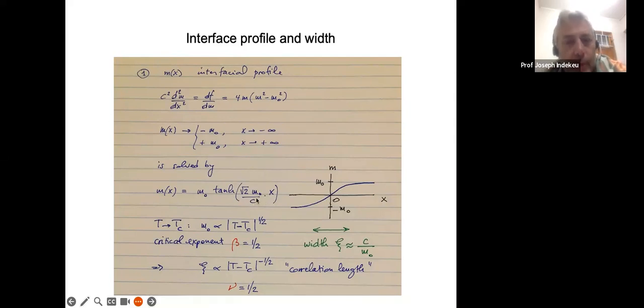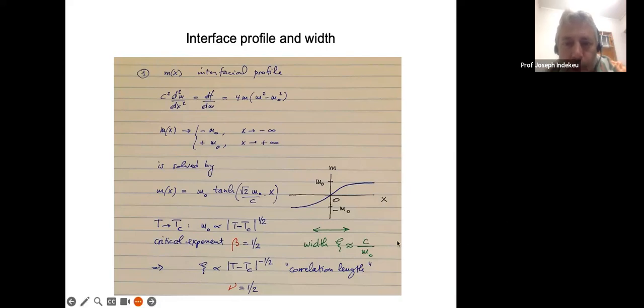But if that is an inverse length, then the length corresponding to that quantity is the width of the interface, or the correlation length. So we can read off the width of the interface, or xi, as approximately, ignoring the square root of 2, c, which is taken to be a constant, over m0.